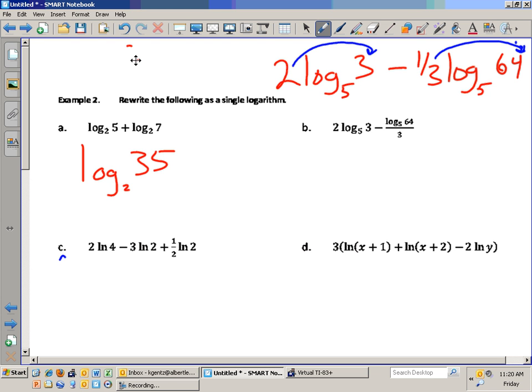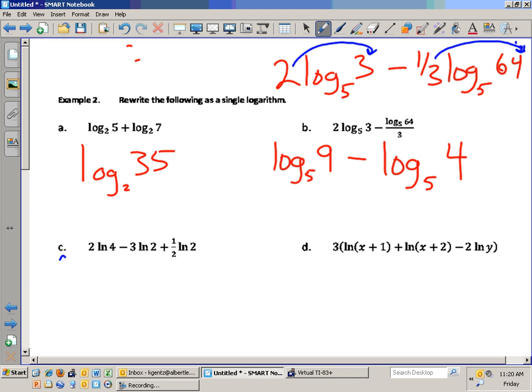So I can rewrite this. What is 3 squared? 9. So I have log base 5 of 9 minus, what's 64 to the 1/3 power? What's the third root of 64? I think the third root of 64 is 4. 4 times 4 is 16, times 4 again is 64.